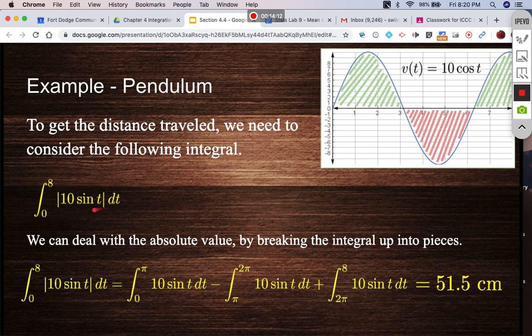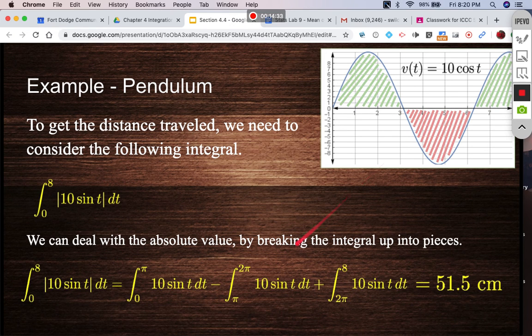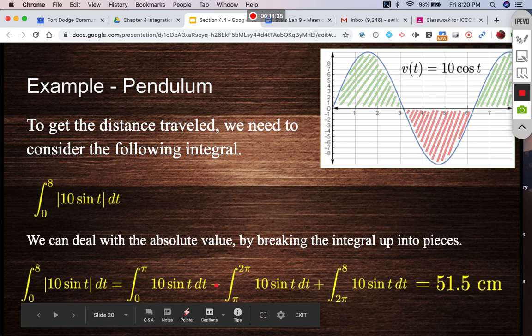So if we make that the absolute value, then this will become a positive distance, and we have this distance, that distance, and that distance. As on that earlier problem, we'd break it up into 3 integrals. This one is going to give me a negative distance, so I subtracted that integral.